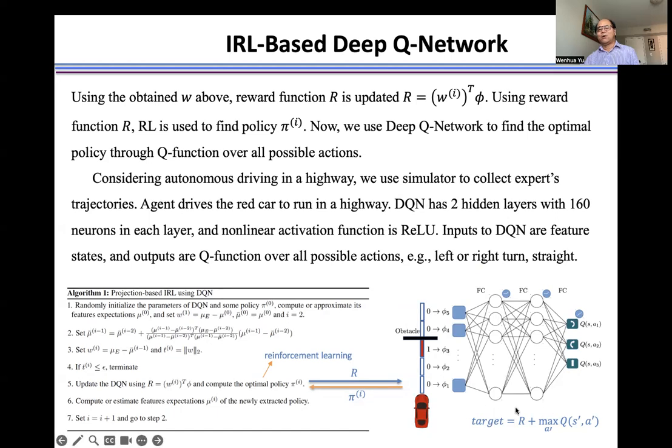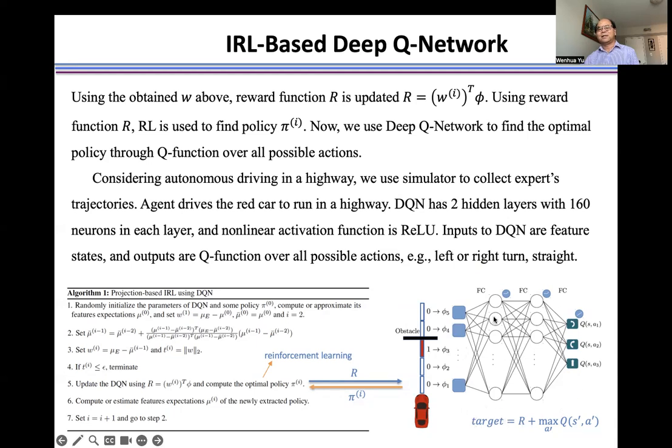And then we also need a target network. We don't train it, we just use the target network to generate a target here. And this target plus the reward from inverse reinforcement learning gives us a target to train this Q network.